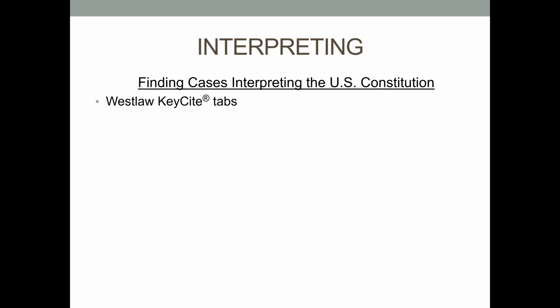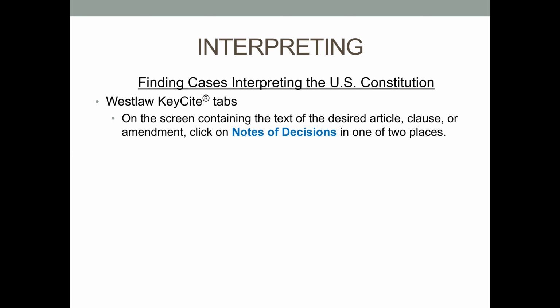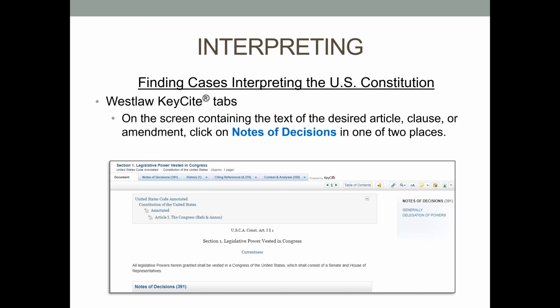Okay, so let's look at how you would find cases interpreting a provision of the U.S. Constitution on Westlaw. So you would pull up the particular provision of the Constitution you're interested in. So I'm going to go back to Section 1 of Article 1 that we looked at earlier about legislative power being vested in the United States Congress.